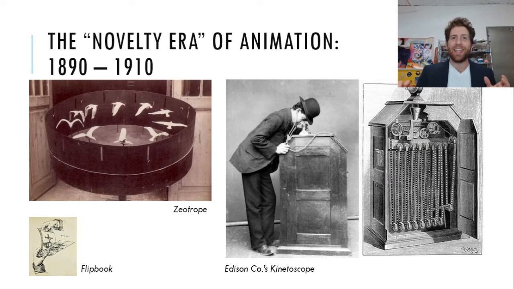Now, in the late 1800s and the early 1900s, we have this booming proliferation of invention around animation and photography. Things like the zoetrope become popular and these early motion picture devices. Thomas Edison is a big player in this.